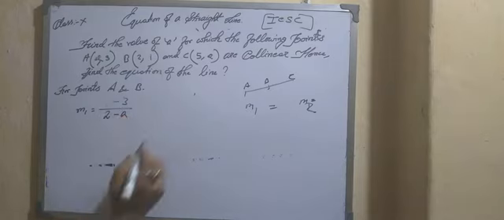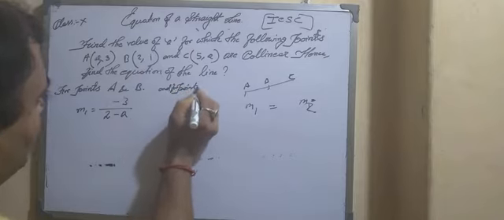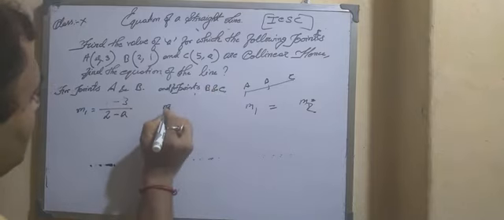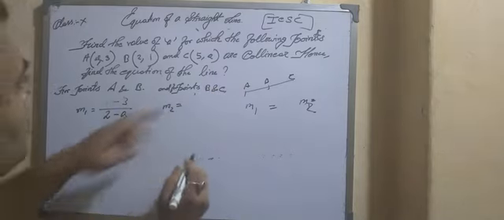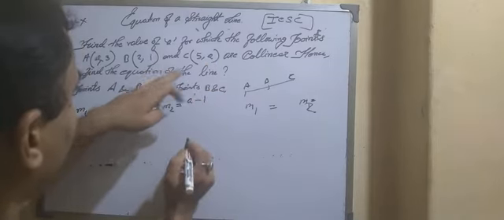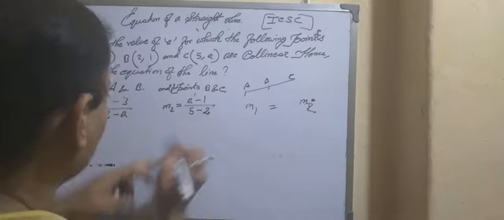And for points B and C, m2 equal to y2 minus y1, that means a minus 1, over x2 minus x1, that means 5 minus 2.